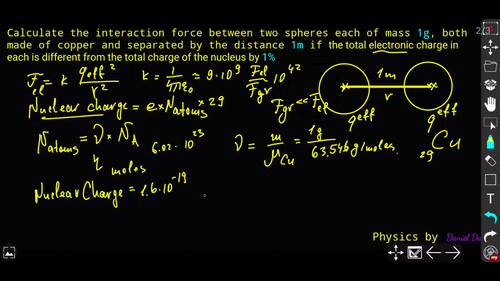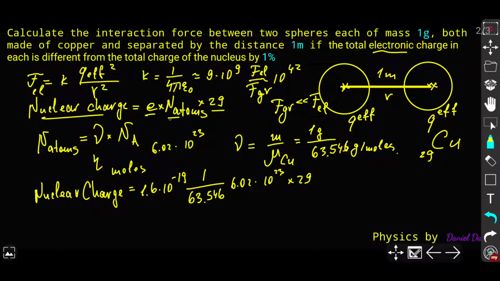So we multiply by the number of atoms, which is simply 1 gram out of 63.546, and next we multiply by N_A, which is the Avogadro number, 6.02 times 10 to the power 23. And we multiply everything by 29 as the final step here. All right, I hope we took into account all the factors. That's going to be the total nuclear charge.